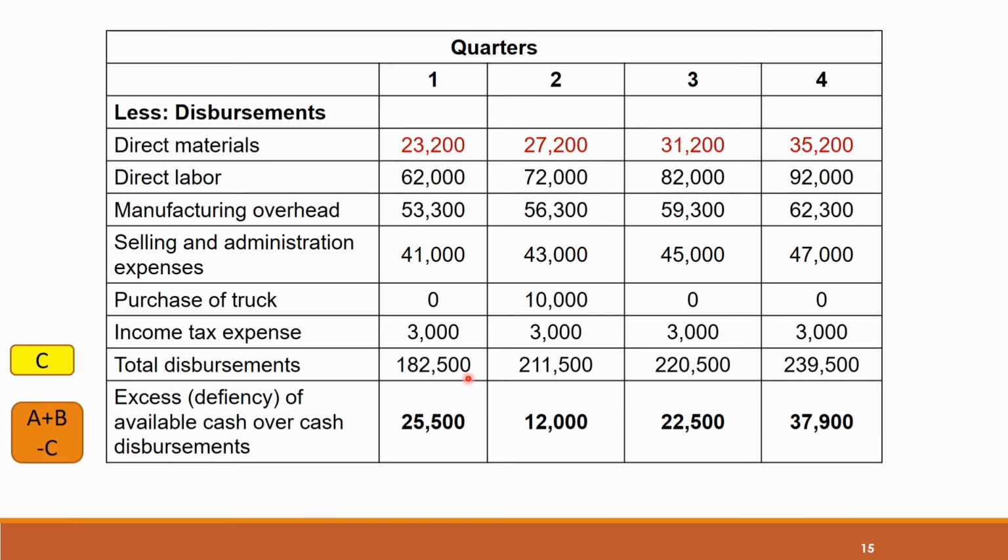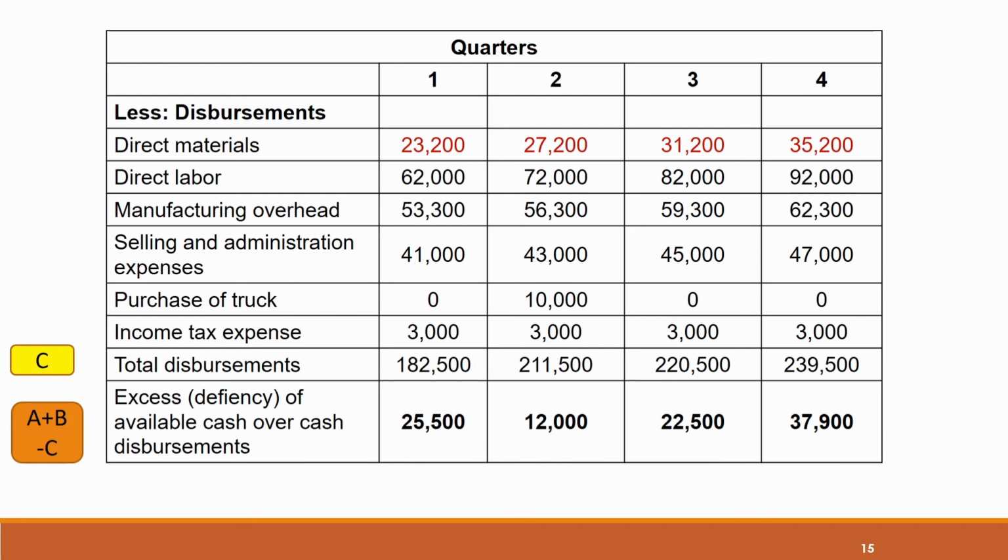The next step, we have to calculate the excess or deficiency of available cash over cash disbursements, and you can find out there is an excess amount for the first quarter, 25,500. You can calculate based on the previous PowerPoint, and you can find out there is an excess of available cash over cash disbursements.